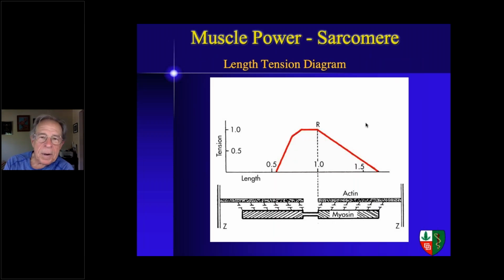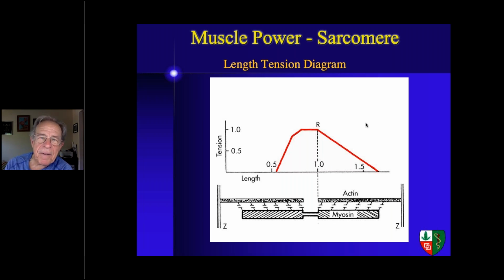So there's a lot known about muscles. The sarcomere is the basic active unit of the muscle. And if you measure the distance between these Z lines, you can come up with this so-called length tension diagram. And you can see that the greatest tension is at the R length.